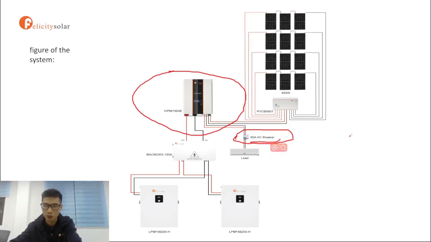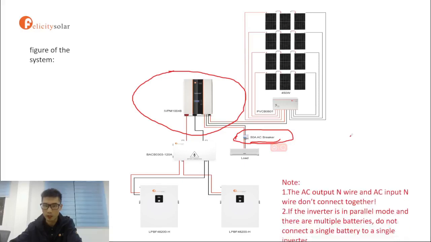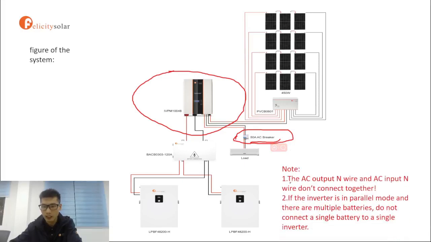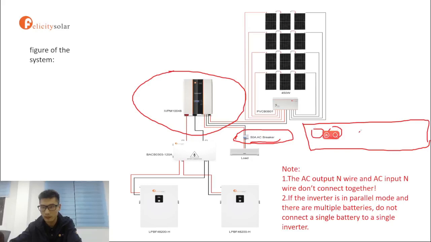And here are two notes, something you have to pay attention to as well. The first thing is the AC output N wire and the N1 of the AC input. You should not connect them together or mix them. Usually it will be like this: the L1, the N1, and the G1.